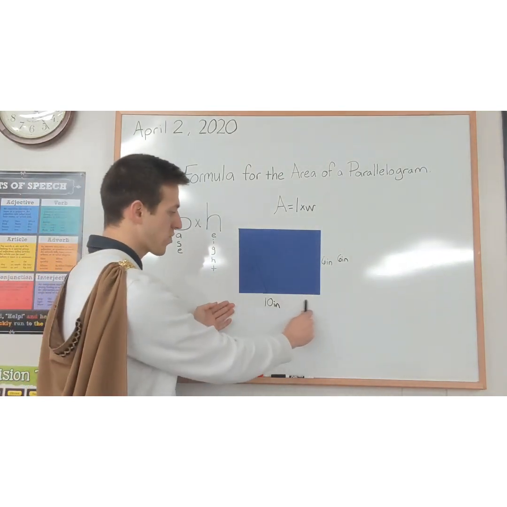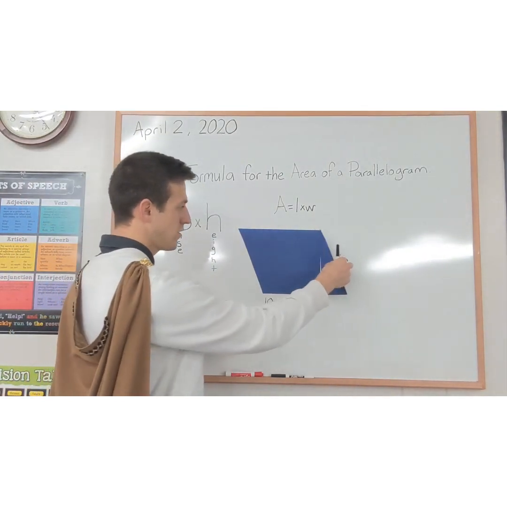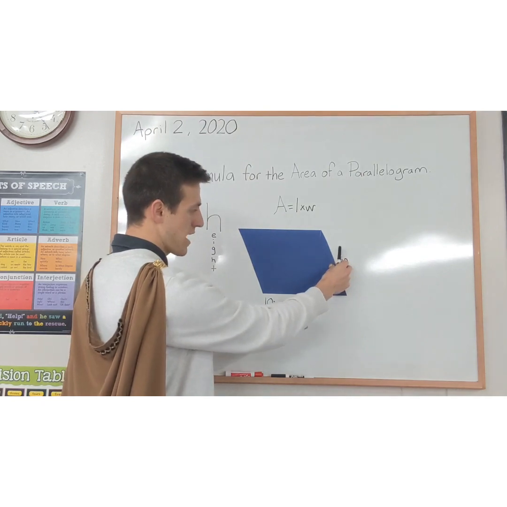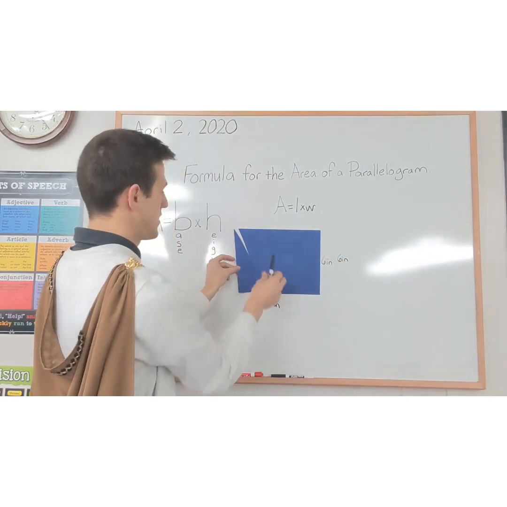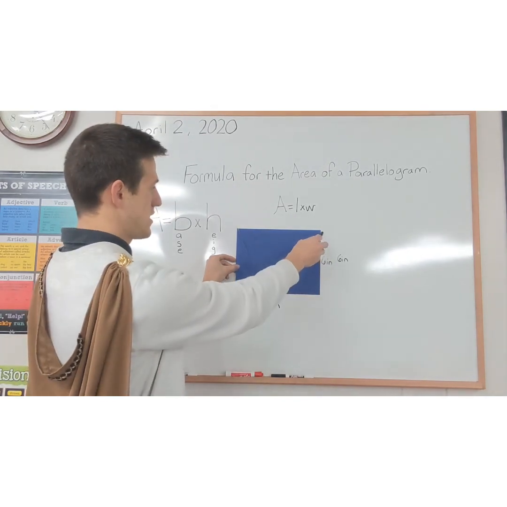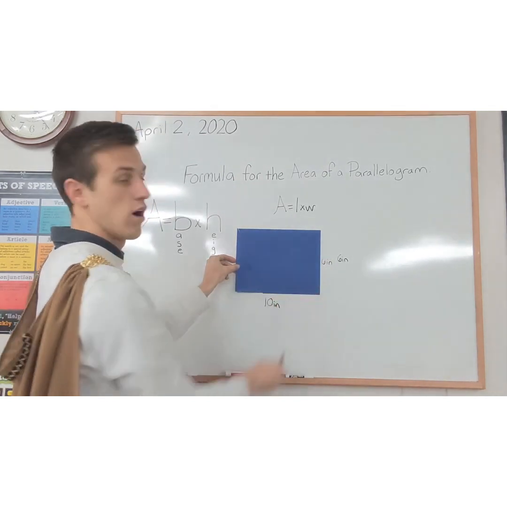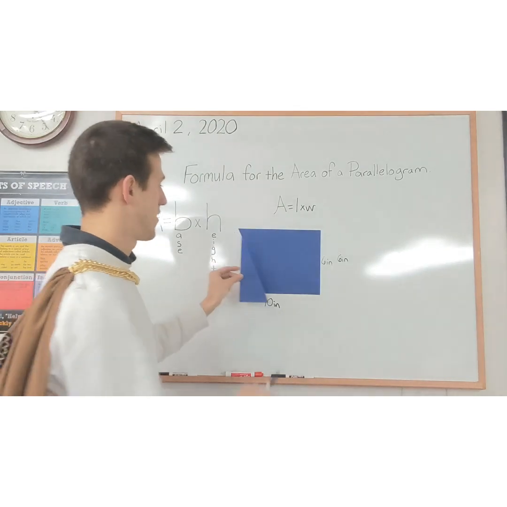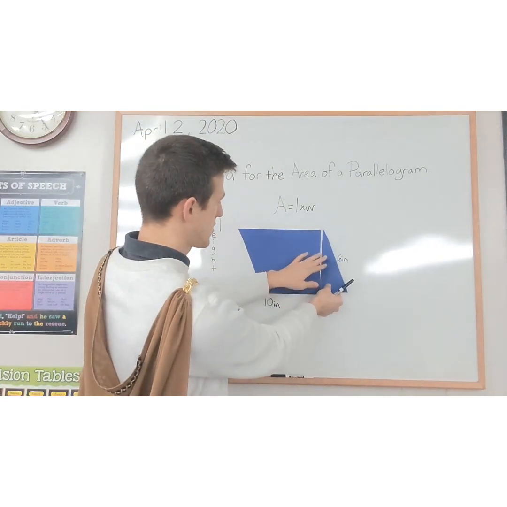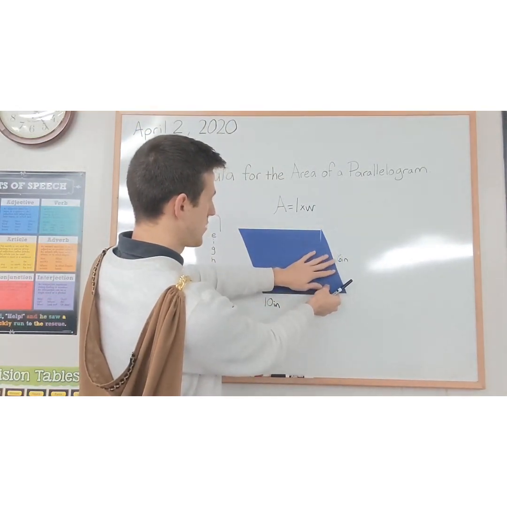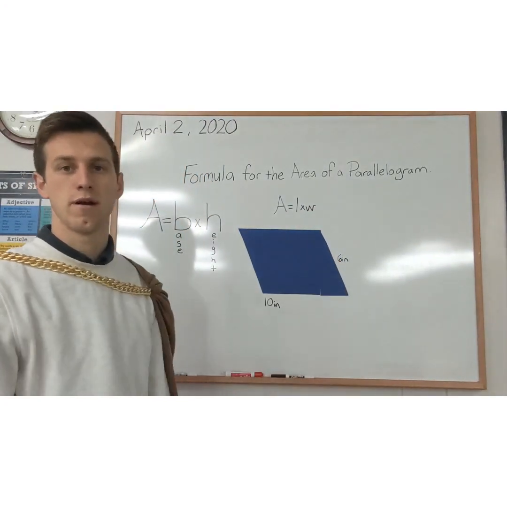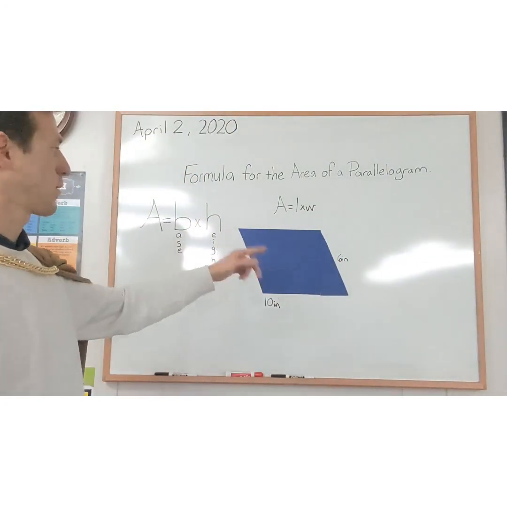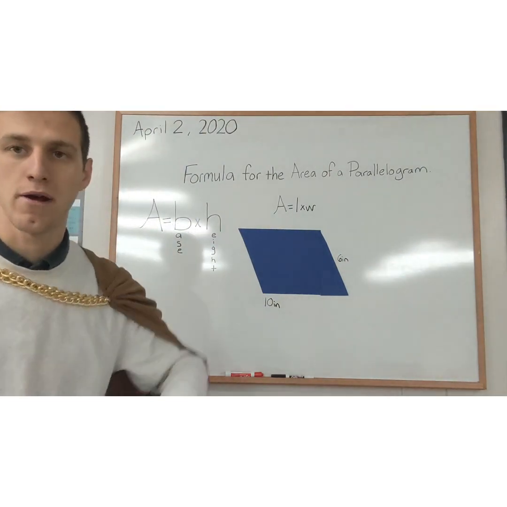So here's our width of our rectangle, and then here's our base of our parallelogram. Here is our width of our rectangle, and then here is our height of our parallelogram, all right? So that's why this formula works for finding the area of a parallelogram, all right?